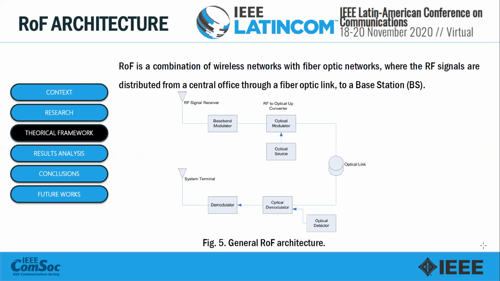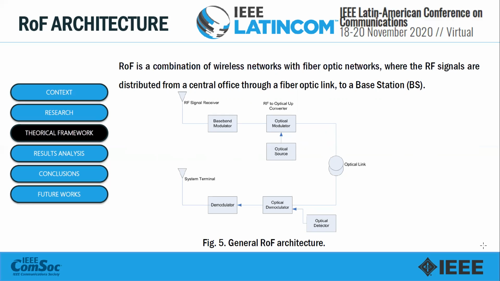And to finish, the radio over fiber architecture is a combination of wireless networks with fiber optic networks, where the radio frequency signals are distributed from a central office through a fiber optic link to a base station. As you can see in figure 5, the general RoF architecture is displayed.